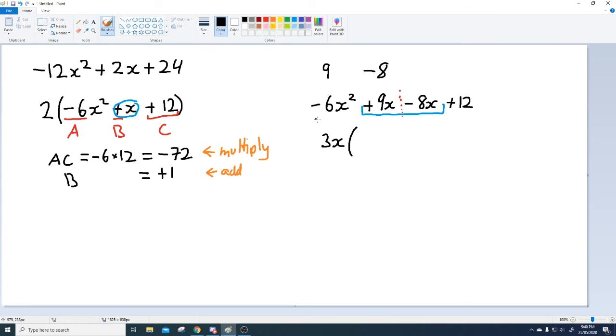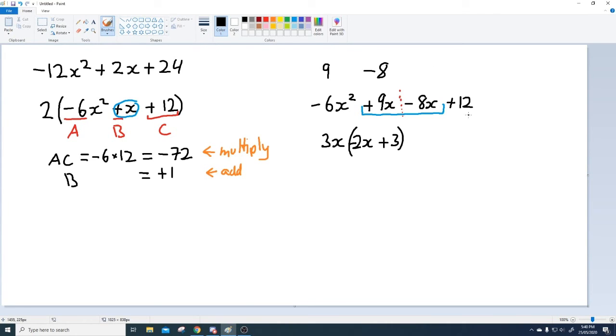If I take out 3x from here, I'm left with 2x, and from here I'm left with positive 3. Oh, not quite. This is negative 2x. So negative 6x squared plus 9x, when we take out 3x, is 3x times negative 2x plus 3.